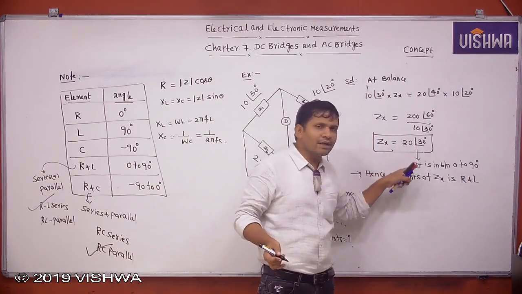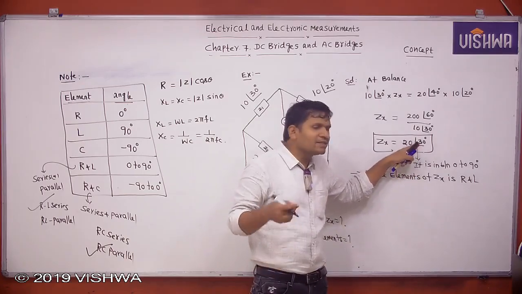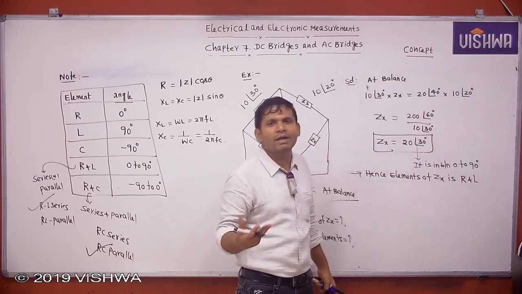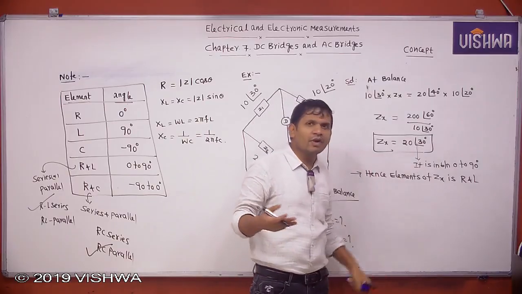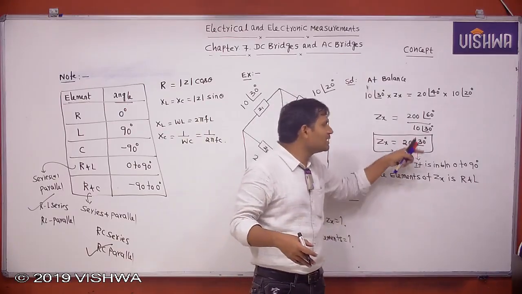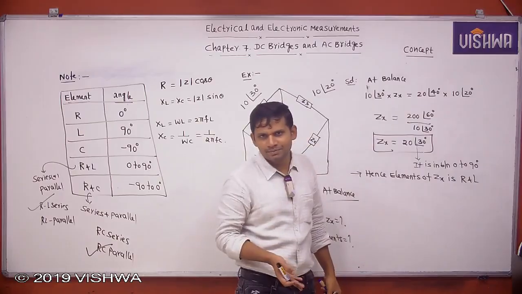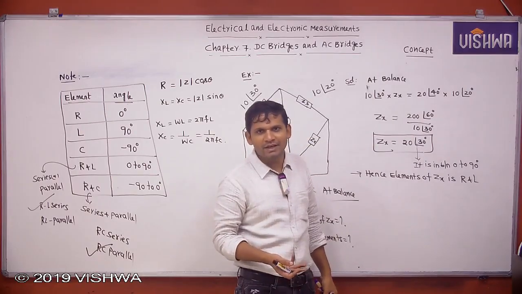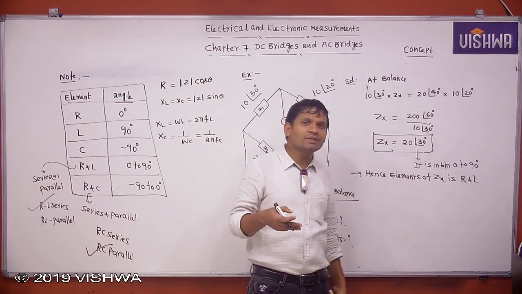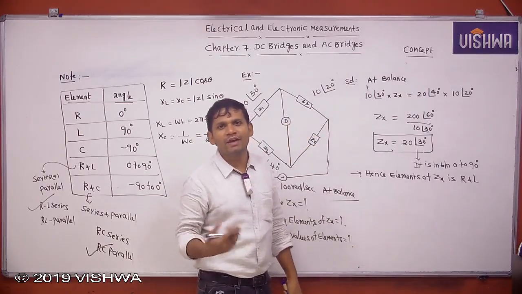For example, if you get minus 30 degrees, what is your answer? R and C. If I get plus 90 degrees, what is your answer? Only L. If I get minus 90, what is your answer? Only C. If you get 0, what is the answer? Only R. Like that you identify the elements.